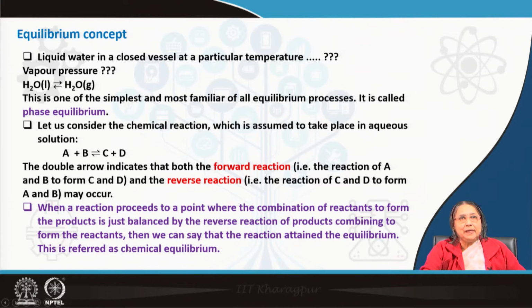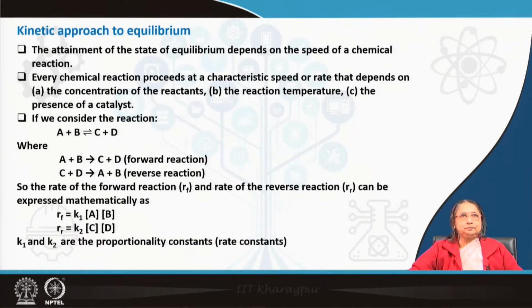That means, at the equilibrium point, A and B will react to form C and D. At the same time, the same amount of A and B will be produced from C and D. That means, in a simple way, no more conversion takes place. This is the chemical equilibrium.